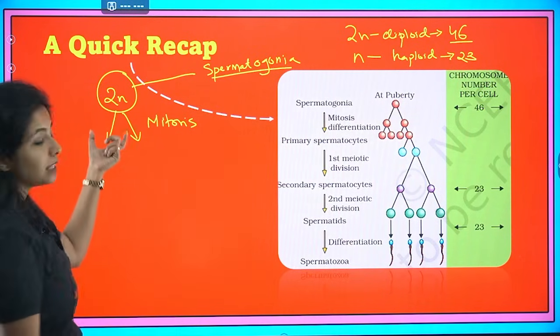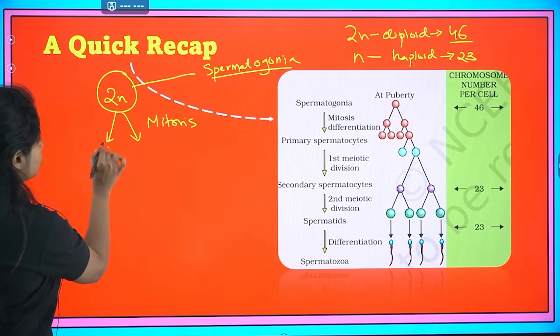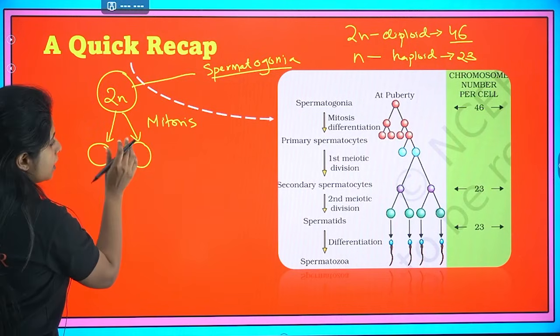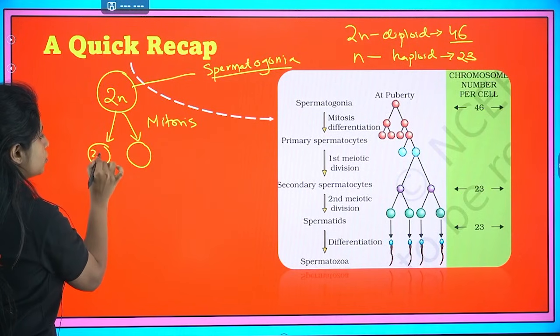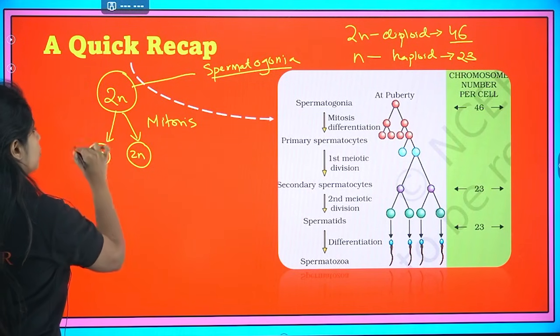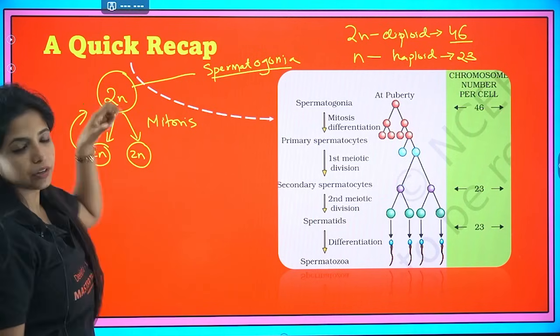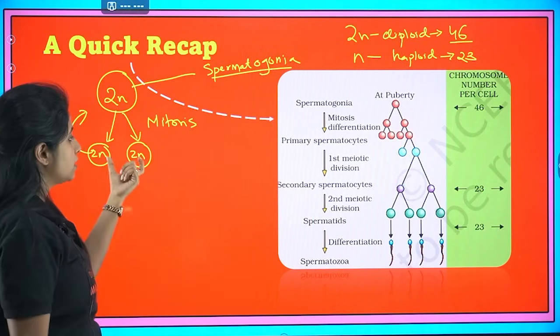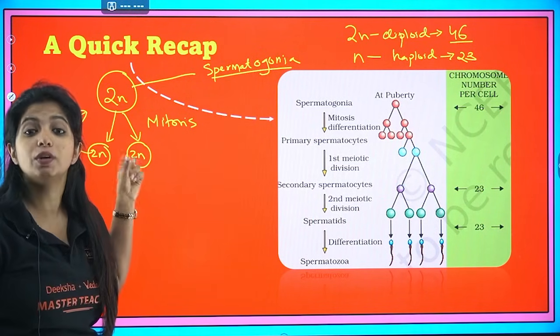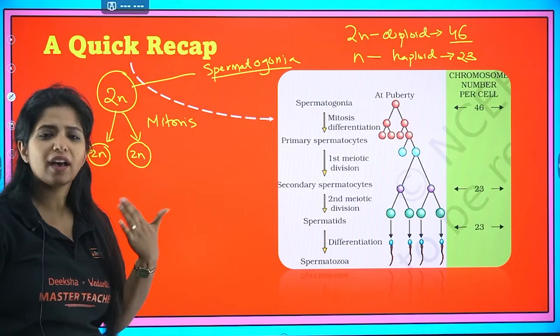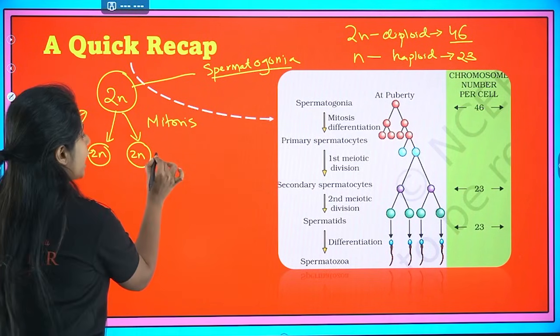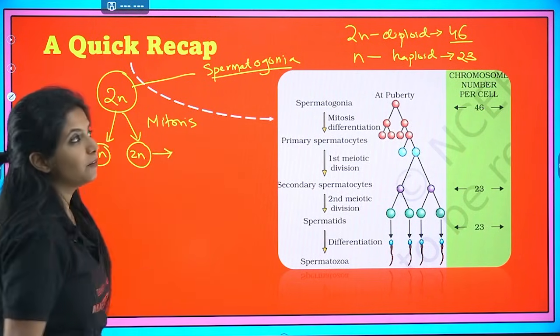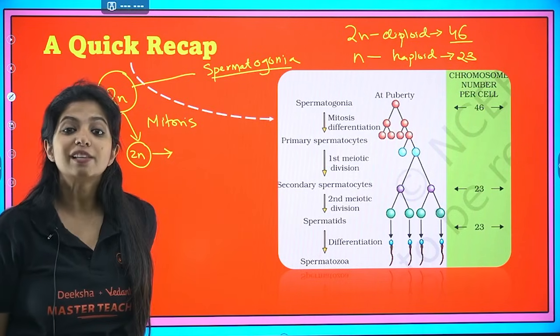Okay. So here in the case of mitosis, what is going to happen? You get two cells. One cell is going to divide again and form this spermatogonia. What about the other cell? This cell is going to undergo differentiation, as in it is going to have some changes in it, and it is the one that will lead to the formation of sperms.